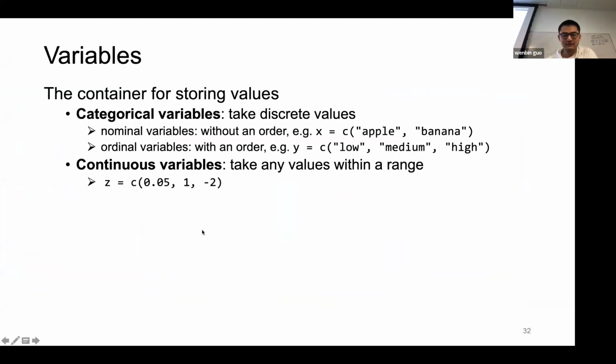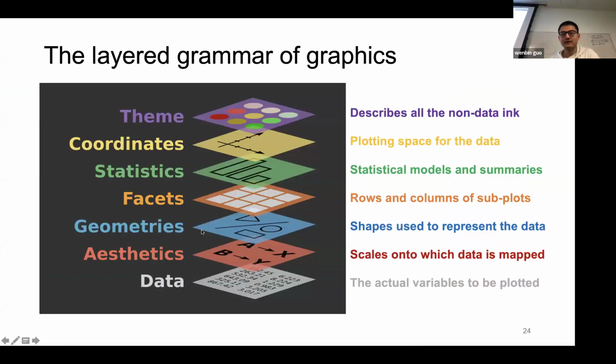As you have seen before, we have so many layers in a ggplot2 object. The very basic layer is the data, and today we are just going to introduce the bottom two, data and aesthetic mapping.